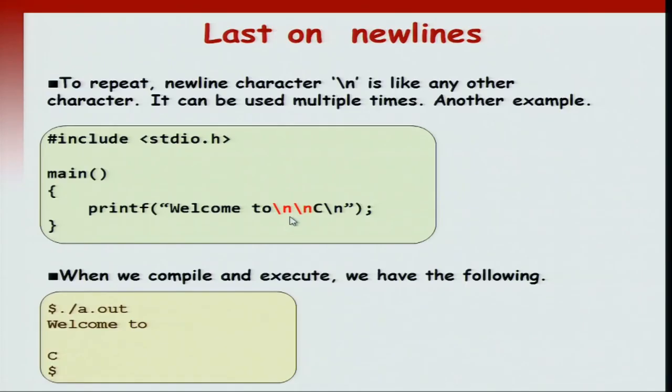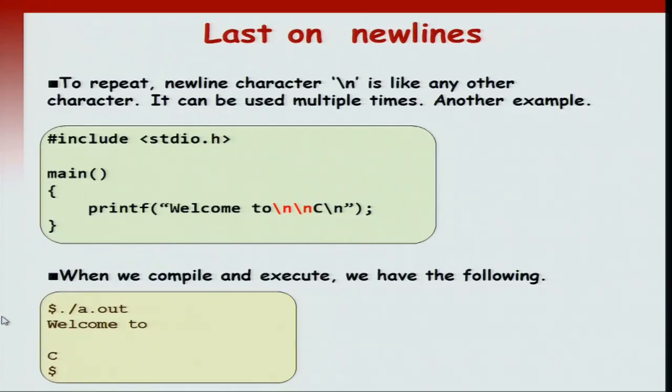So, I have repeated occurrences of \n in the same message. What it will do is print the message welcome to, then a new line, then another new line, and then C followed by a new line. So, when you run the program, you will have welcome to, new line, then a blank line, then C, and then another line.